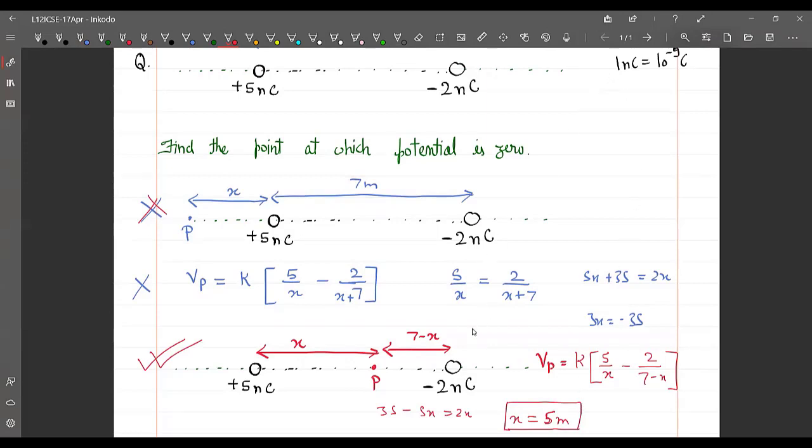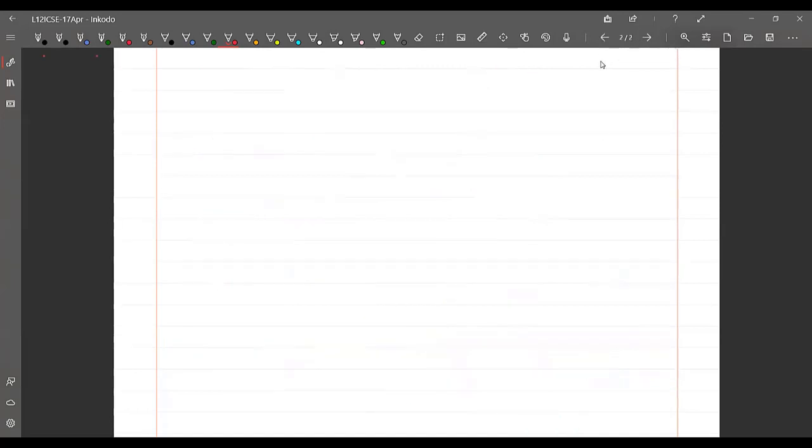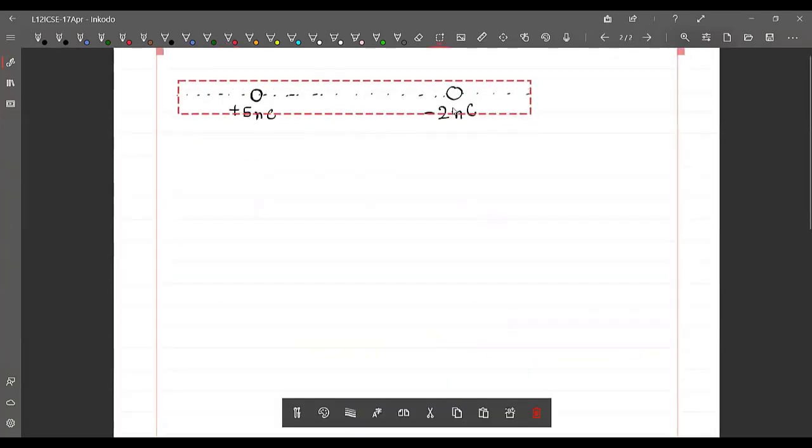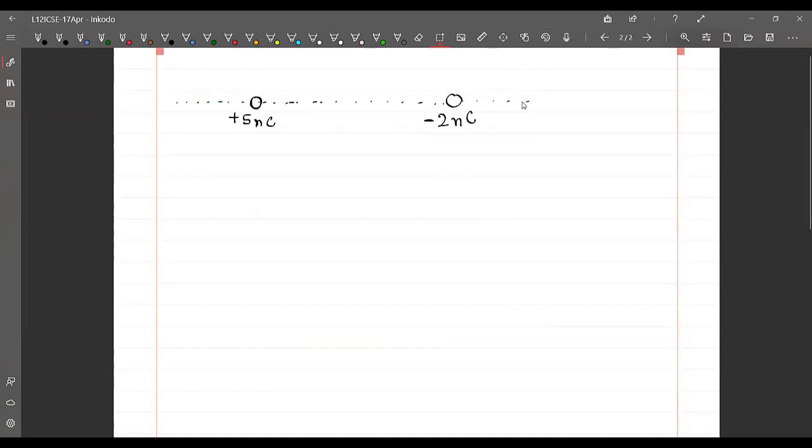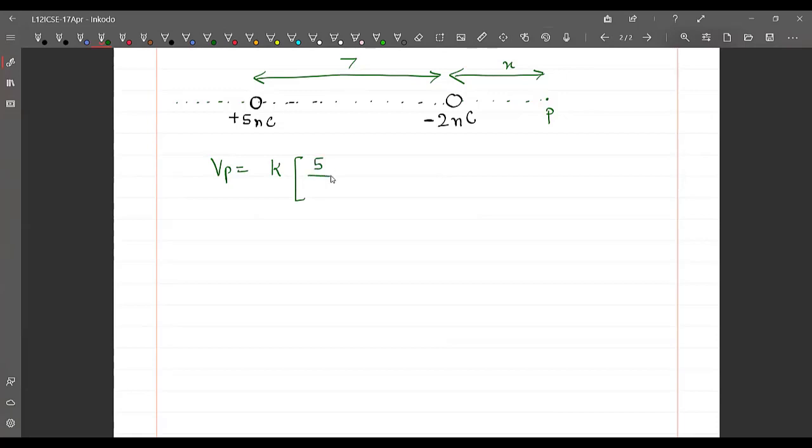You have to also check for this side beyond minus 2 nanocoulomb. So let us say the point is here, point P. So this distance is 7 meter and this is given as x. So potential at point P will be, taking k common, q by 7 plus x minus q by x.